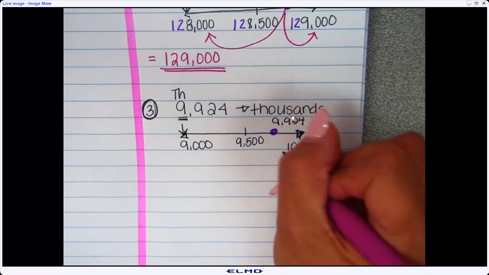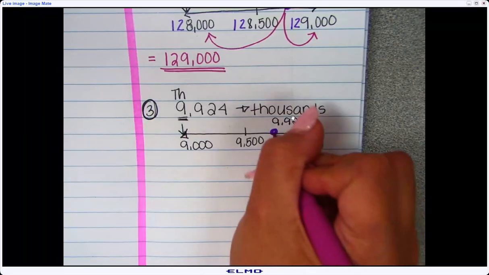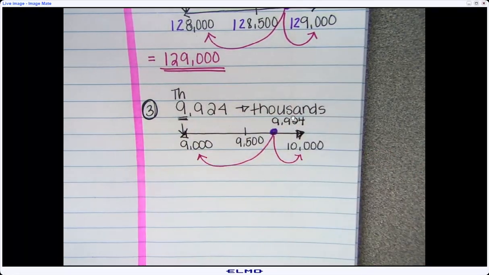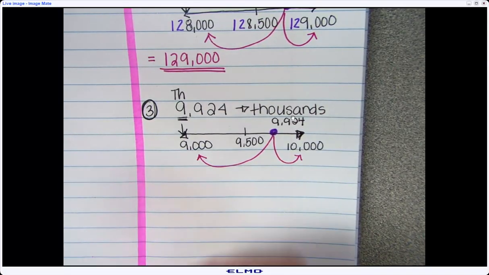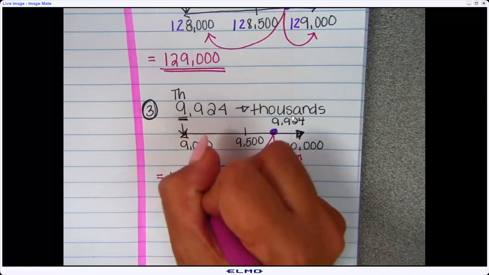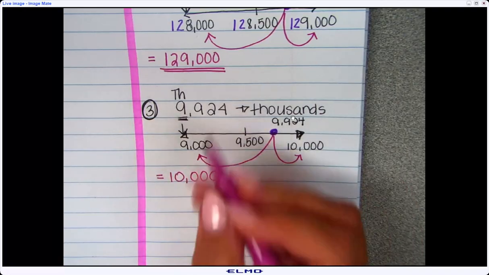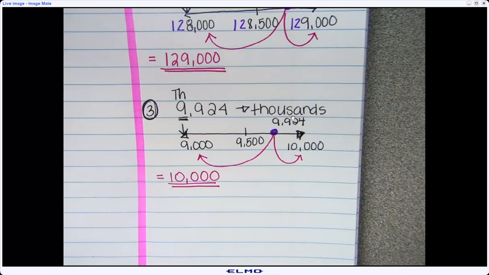And now I can pull out my little frog, jumps to the 10,000, jumps to the 9,000. Which one is it closest to? 10,000. So then, when I round 9,924 to the nearest thousand, it becomes 10,000.